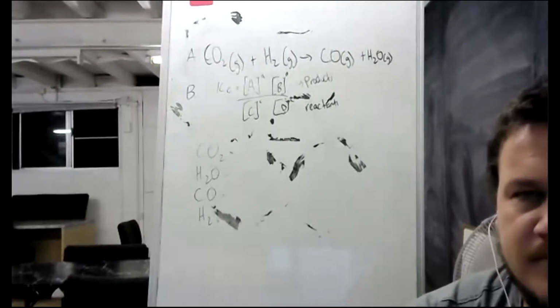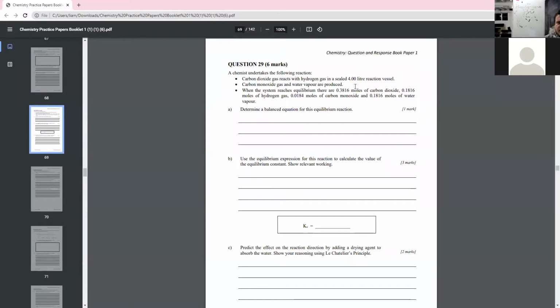Just realized that. So what's the volume of the reaction vessel? So 4 liters. So each of these molar concentrations needs to be divided by 4.